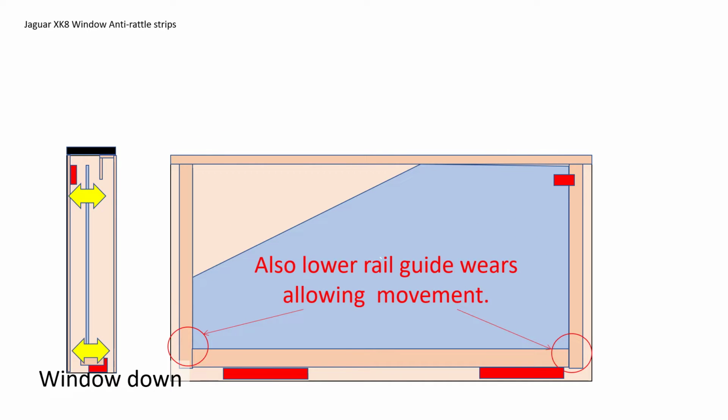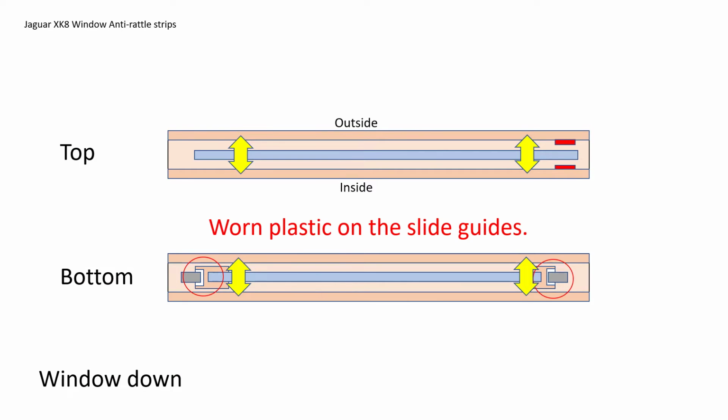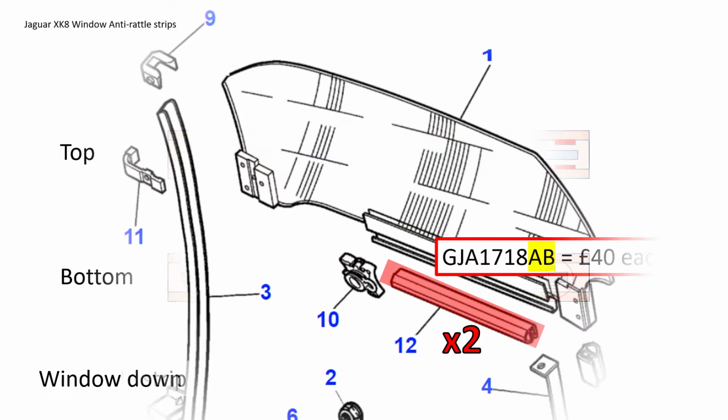Further, at the bottom of the window mounting where it runs on the rails, those guides actually wear and it allows the glass to move as well. And that can cause a rattle despite your anti-rattle strips being okay. So worst case, you're going to have loose glass at the top and a loose glass mounting at the bottom as well, so you can have lots of window rattle.